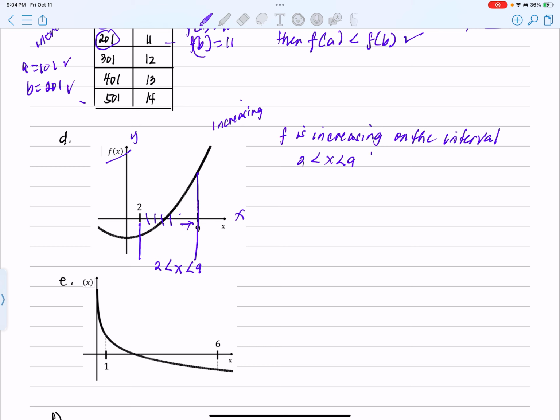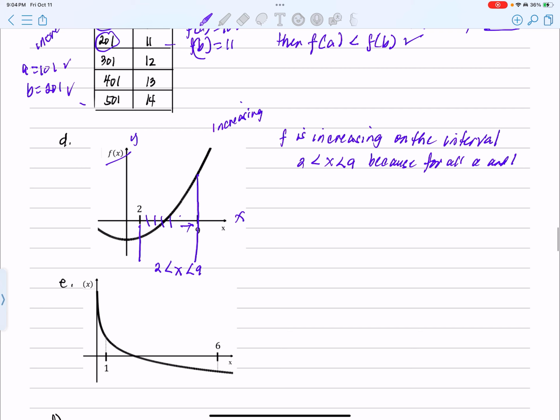So because, okay, if something like this will come out in the test, in AP Precalculus exam, then you could start saying your justification like this. f is increasing on the interval of, you give out the interval because for all A and B, so you could start saying that in the interval.